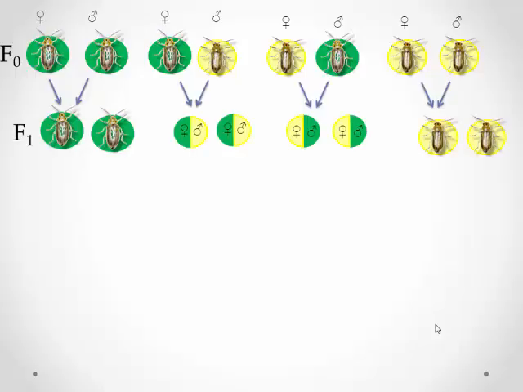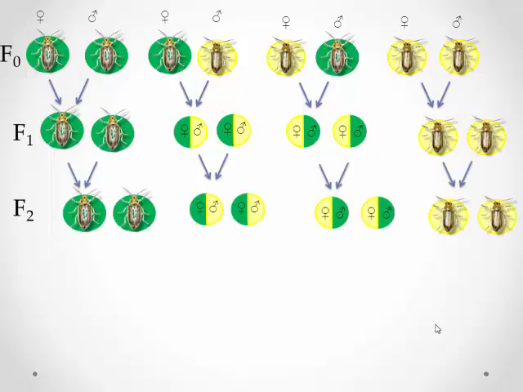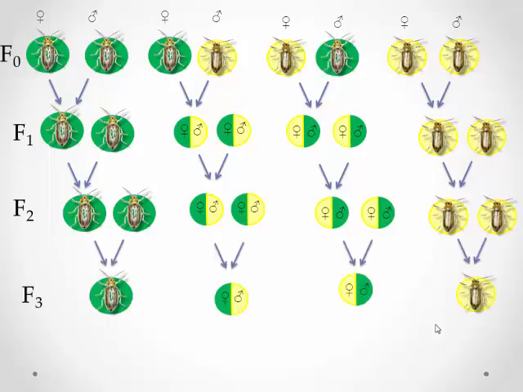We have them in buckets, so allowed to mate in a more group level setting. And then we made pairs so that we could follow families for the rest of the test. But in each case, we're always mating the same species together or the same hybrids together. And we now are down to the F3 generation where we're going to start measuring this larval performance on 2 different host plants tests.